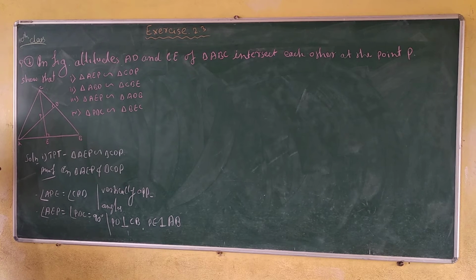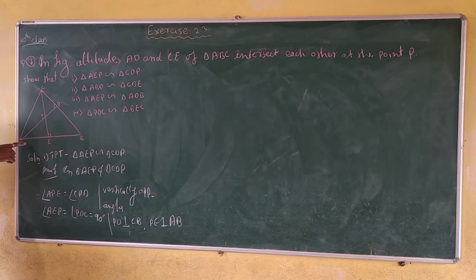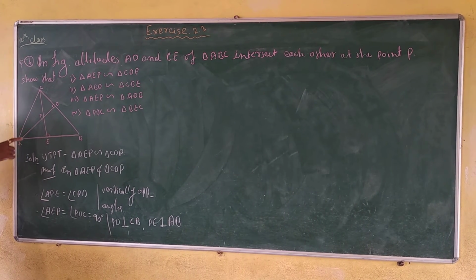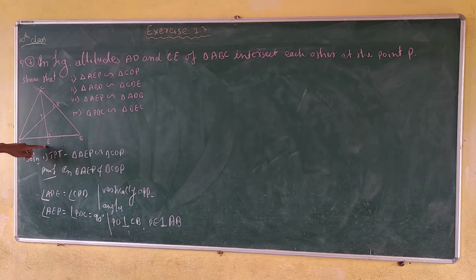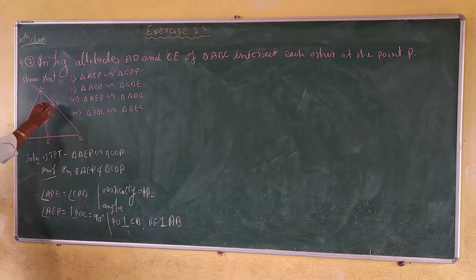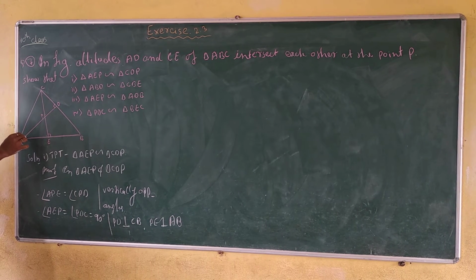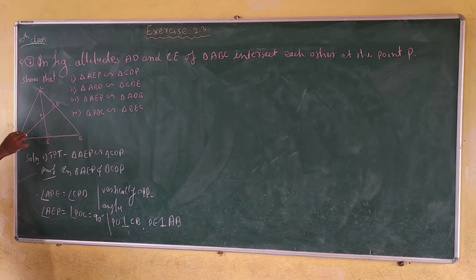See here, the angle APE, triangle APE, and in the triangle CPD. Now we have to prove that in this triangle this angle and this angle are equal to each other, and the angle P, P are equal to each other.